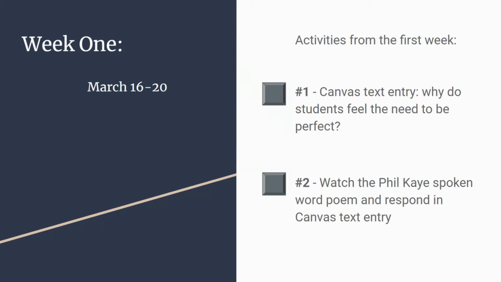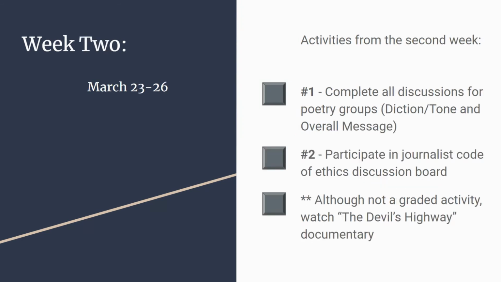And it's much more than that, actually. It's just hard to get all that into one little slide. But if you go back and look at that, it was a Canvas text entry. So if you notice you have 0, you don't have a grade for that, you may want to check week 1, activity 1. Week 1, activity 2 was to watch the Phil K spoken word poem and respond to that.